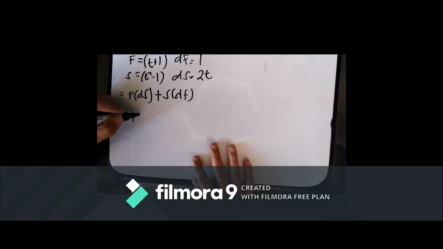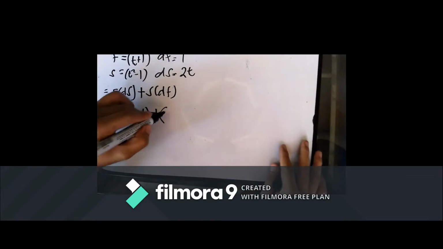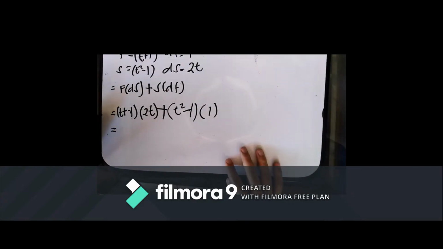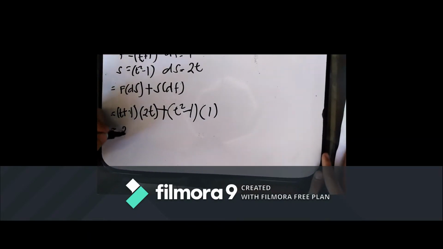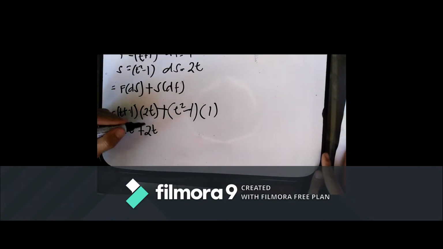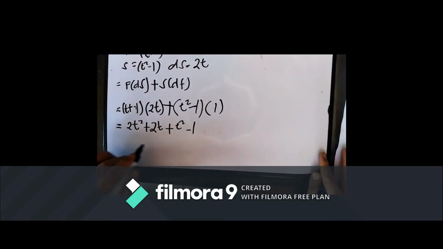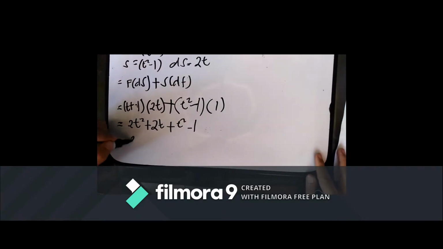So, t plus 1 times 2t plus t squared minus 1 times 1, and we will get 2t squared plus 2t plus t squared minus 1, and then combine: 3t squared plus 2t minus 1.